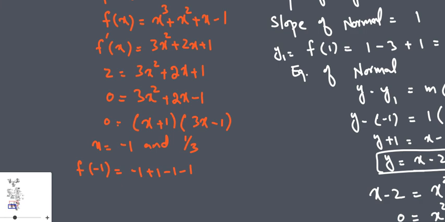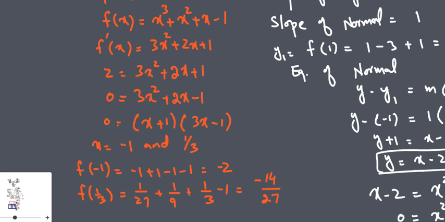So it is negative 2. At 1 over 3, it is 1 over 3 cubed, which is 1 over 27, plus 1 over 9 plus 1 over 3 minus 1. If I calculate this, it is negative 14 over 27.